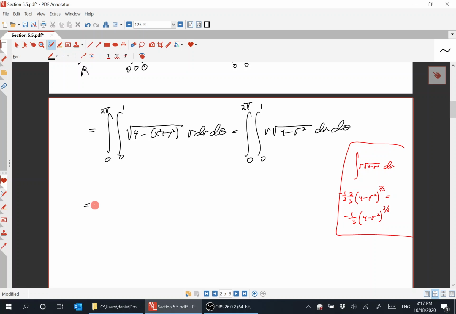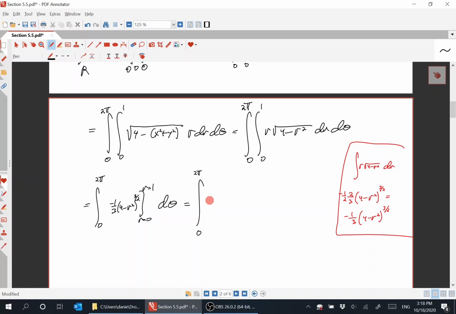So this becomes the integral from 0 to 2 pi of minus 1/3 (4 minus r squared) to the 3/2, from r equals 0 to r equals 1, d theta. So it's the integral from 0 to 2 pi. At r equals 1, this becomes minus 1/3 times 3 to the 3/2.